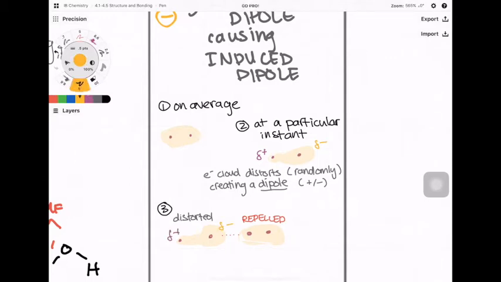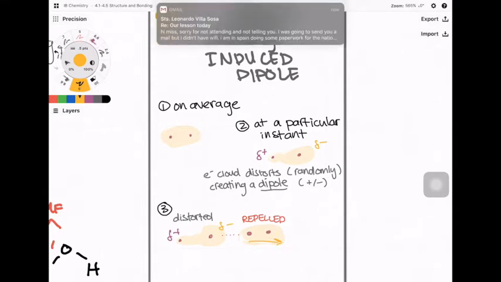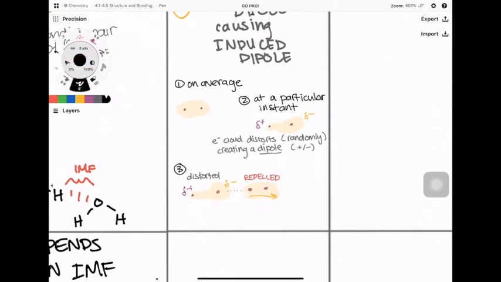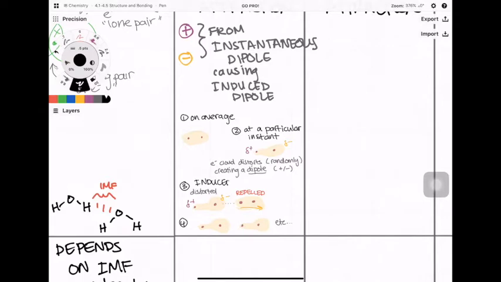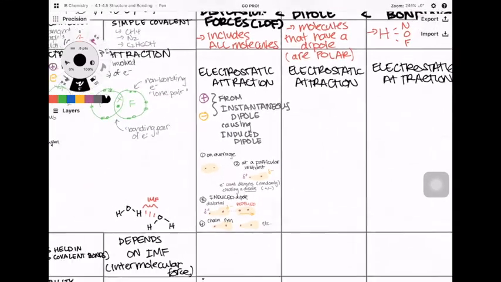So the partially negative, the more electron dense, repels the electrons in the other molecule, and what you end up with is an induced dipole, a dipole that has been induced by the first dipole, causing a chain reaction of induced dipoles where one side of the molecule just randomly by chance had a partially negative charge due to the electron density distortion. That causes a chain reaction and we get that negative and positive end.